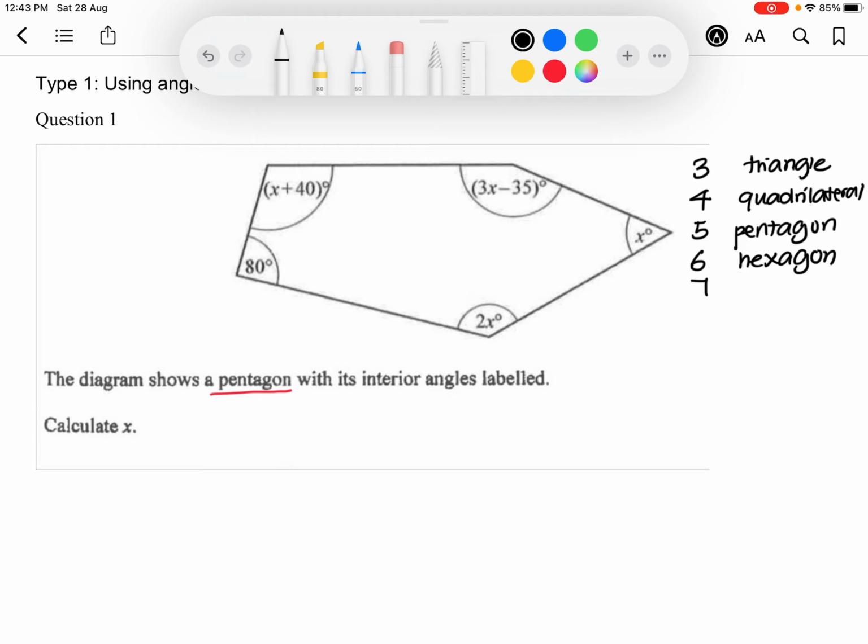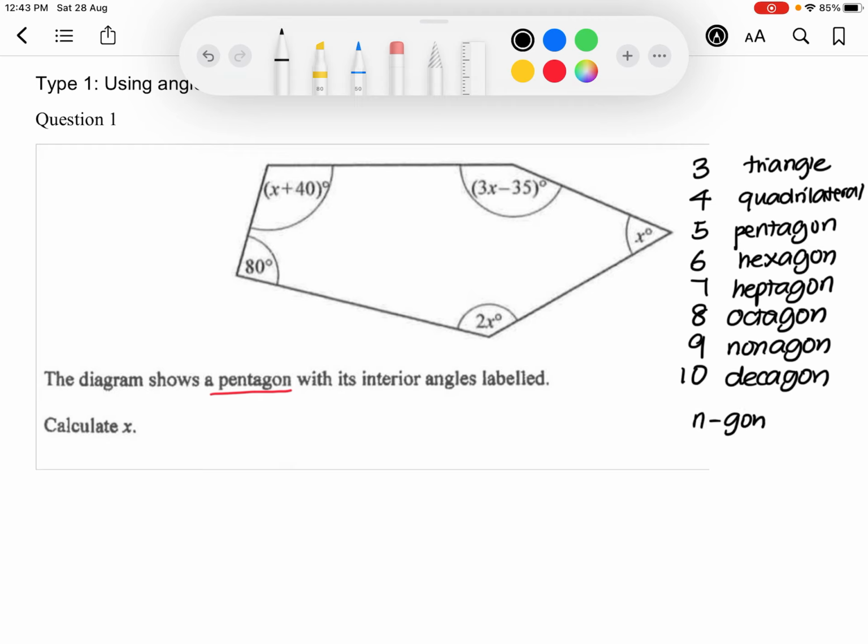Seven-sided is called a heptagon. Eight-sided is an octagon. Nine-sided is a nonagon. And ten-sided is a decagon. For the other remaining types, they will be called n-gon. For example, 12 sides will be a 12-gon.